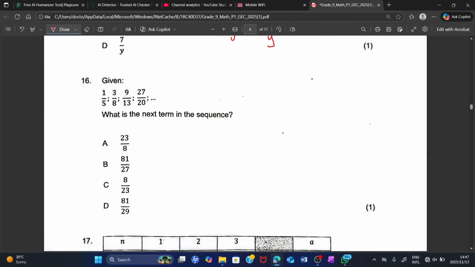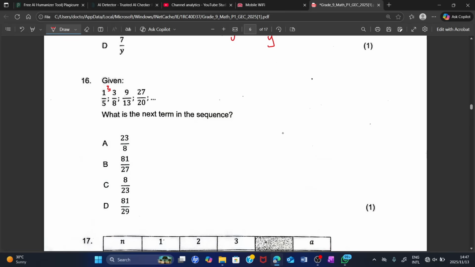Okay, now we have a pattern here. Now, if you check on what is the next term in the sequence, you can see the difference here is 1, is 2. Difference here is what? 1, 3. Oh, here you're multiplying by 3 at the numerator. You're multiplying by 3.